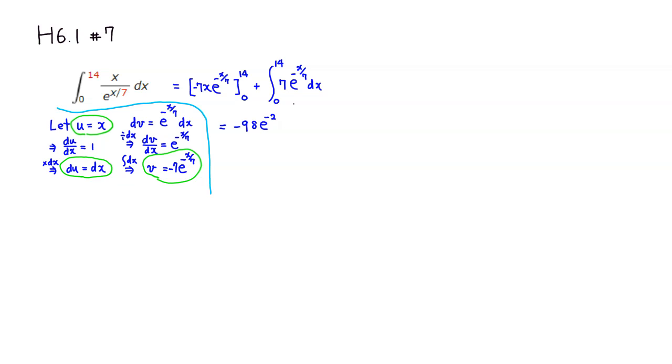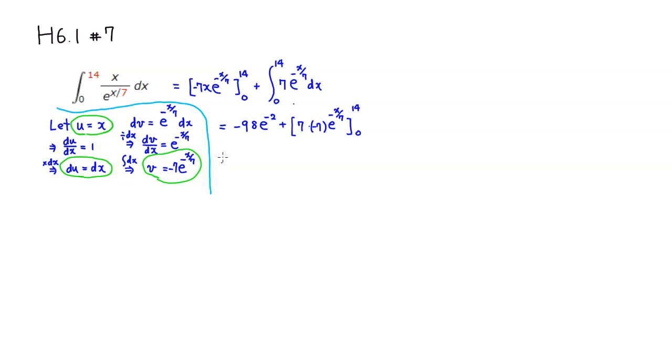Then plus the antiderivative. The 7 is already there, and the antiderivative of e to the negative x over 7 is e to the negative x over 7, divided by negative 1 over 7, which is multiplied by negative 7, going from 0 to 14.